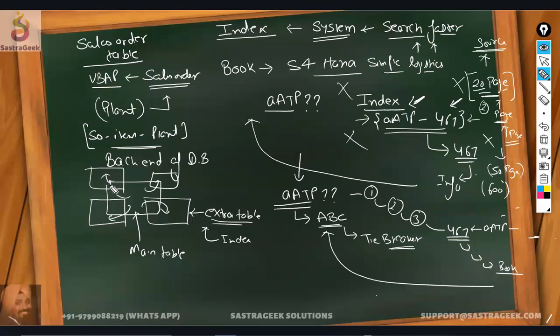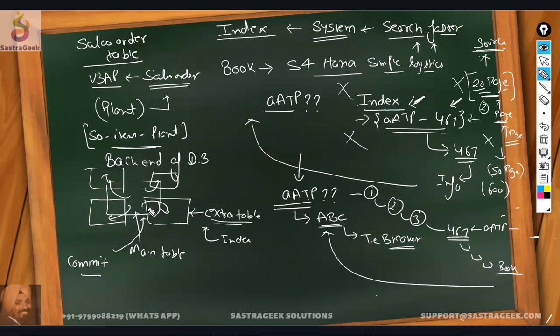Now the other thing: does an index make you slow? If you have a lot of indexes, it can hurt your write performance. Write performance means when you are entering data. When you are punching a sales order, that process can become slow. Why? Because when you commit or punch any sales order, it goes into the main table, and with the program logic, all of your index tables are linked.